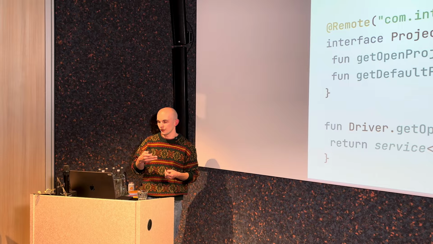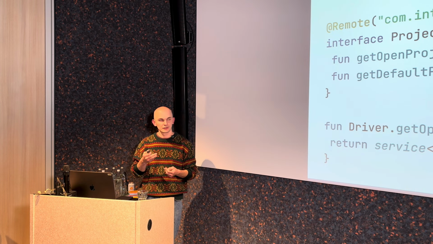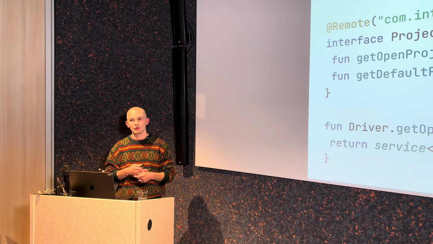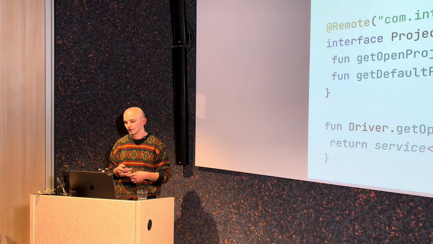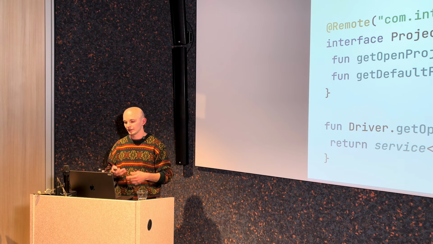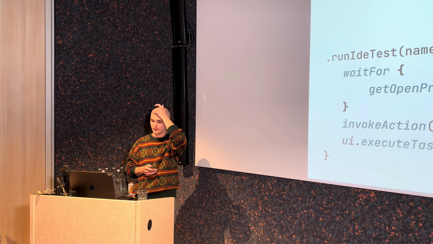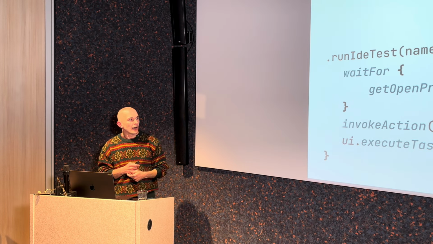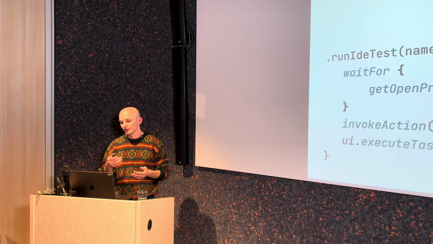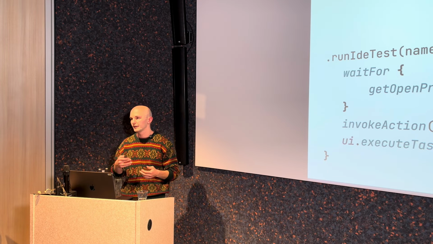And then I need to create the same methods and parameters as the original class, and then I just can use it as if directly inside the IDE. So I changed the test a bit, and now I put some wait until the open project is not empty, and then it's ready for interaction.